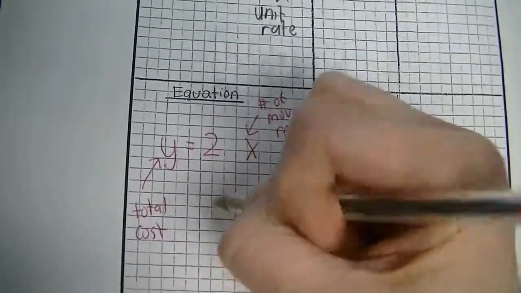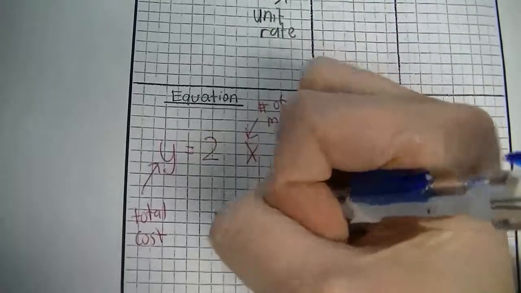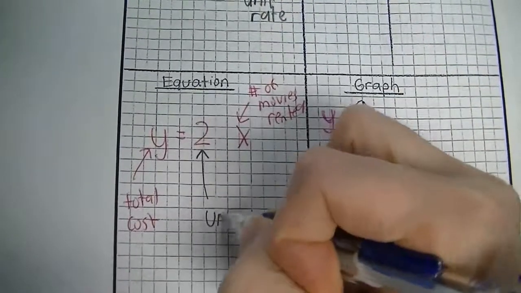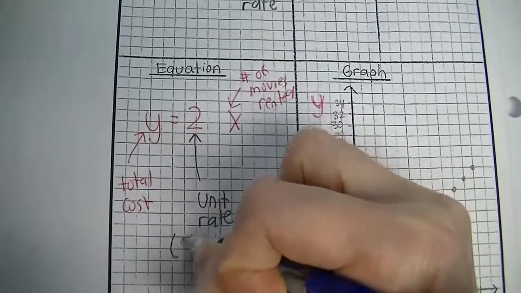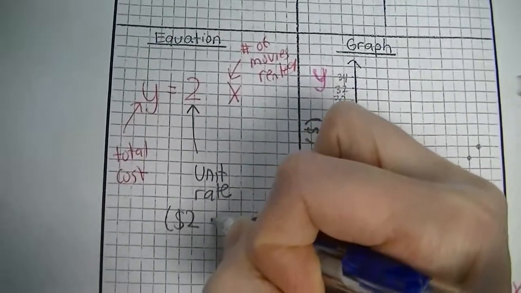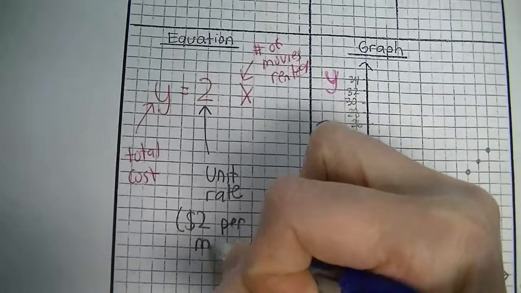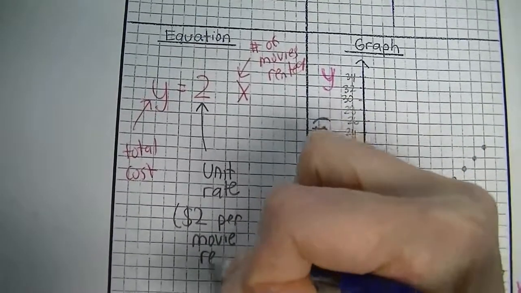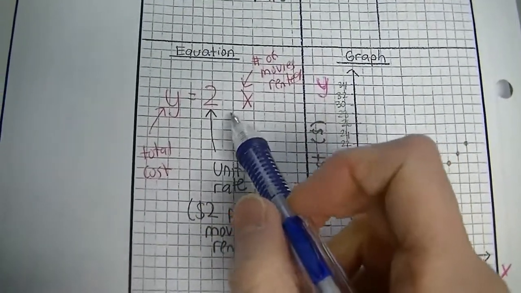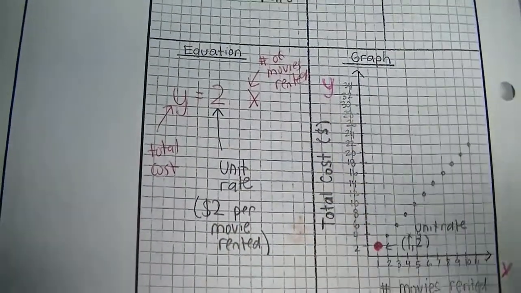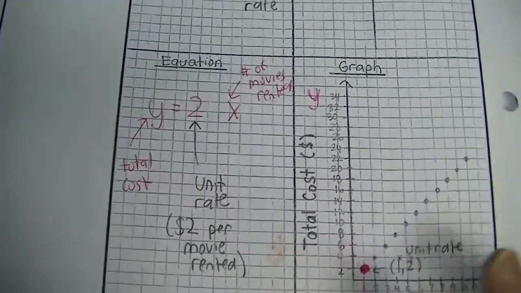And right there, that 2 is the unit rate. What the unit rate means is it costs $2 per movie rented. And I hope you know that instead of writing it as y equals 2 times x, you can write 2x equals y. That would be acceptable too in my book.